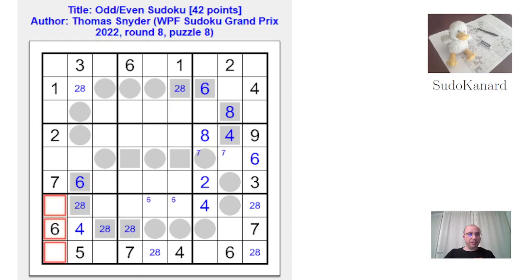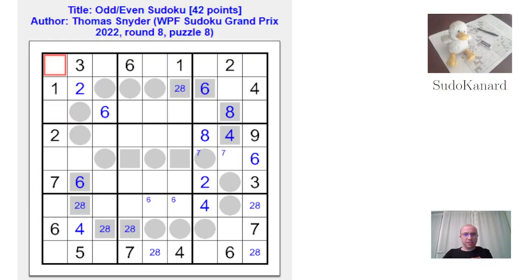So no even digit here. What about this cage? 6 is not in here. 6 is even, so it has to appear here. And those, well, 2 can only be here by Sudoku, and 4 and 8 must be around here.